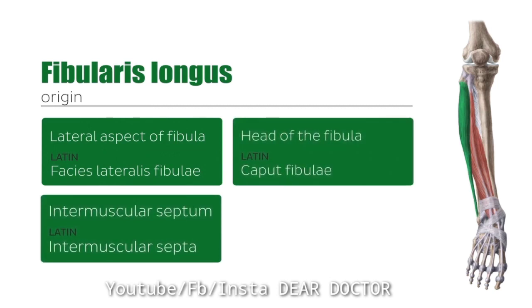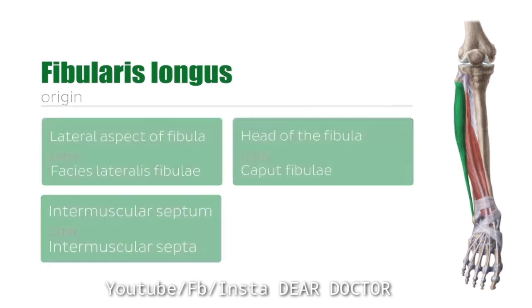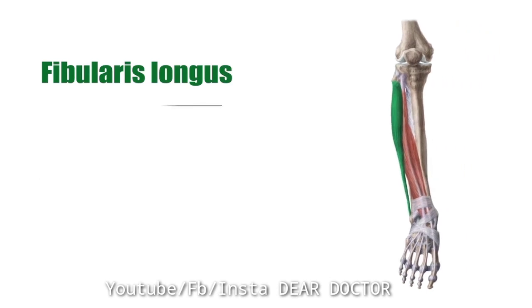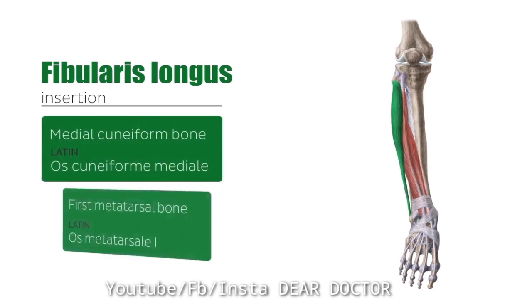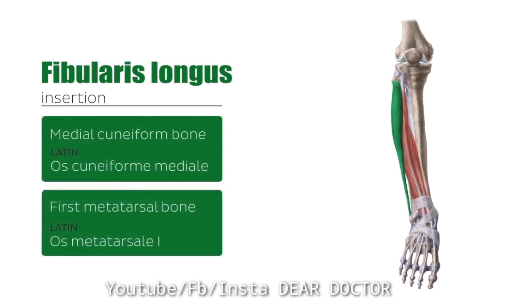So these three main origin points that you need to remember. In terms of insertion points, you need to remember that it will insert at two bones. One is the medial cuneiform bone, and the other one is the first metatarsal bone, which will serve as an insertion point for the fibularis longus.